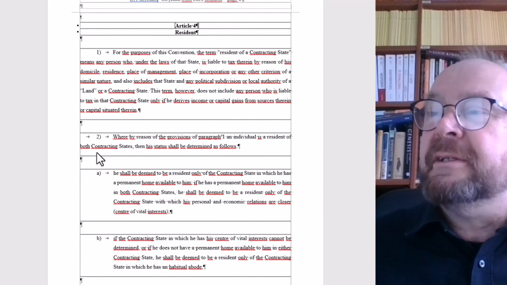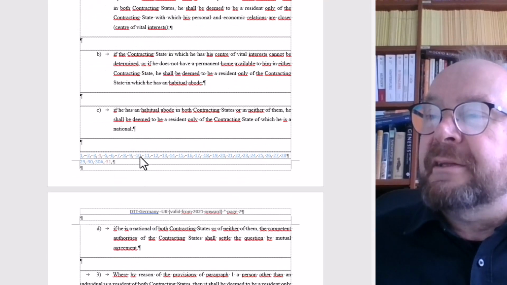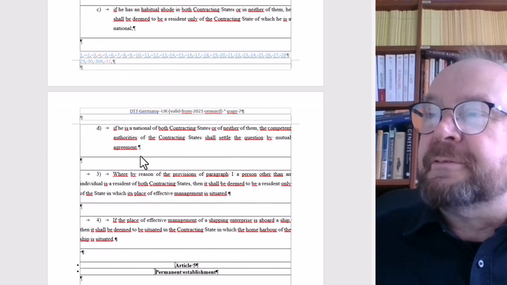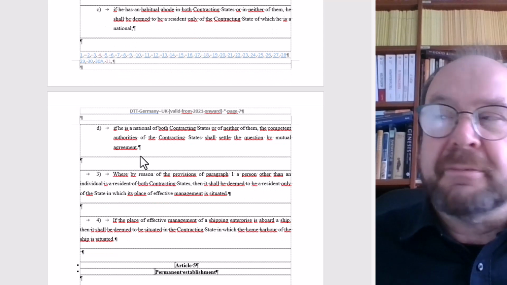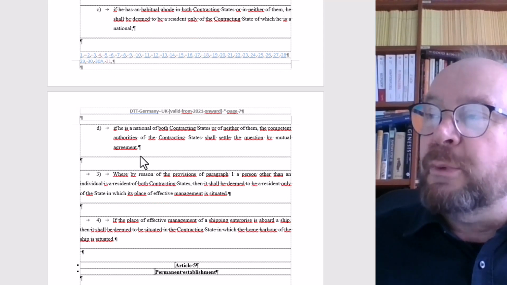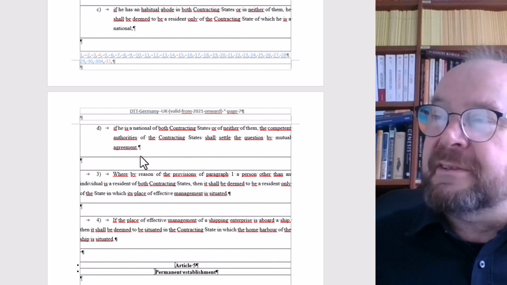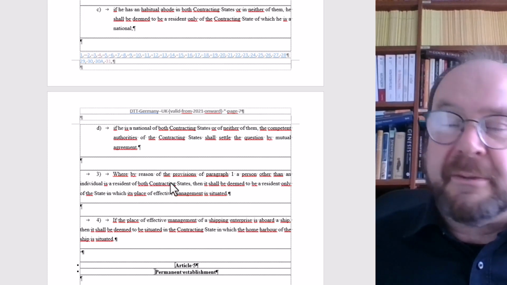So we have a case of double residency, and the conflict is solved by the rule in paragraph 3, where by reason of the provision of paragraph 1, a person other than an individual is a resident of both states, so of Germany and the UK, then only the place of effective management counts.